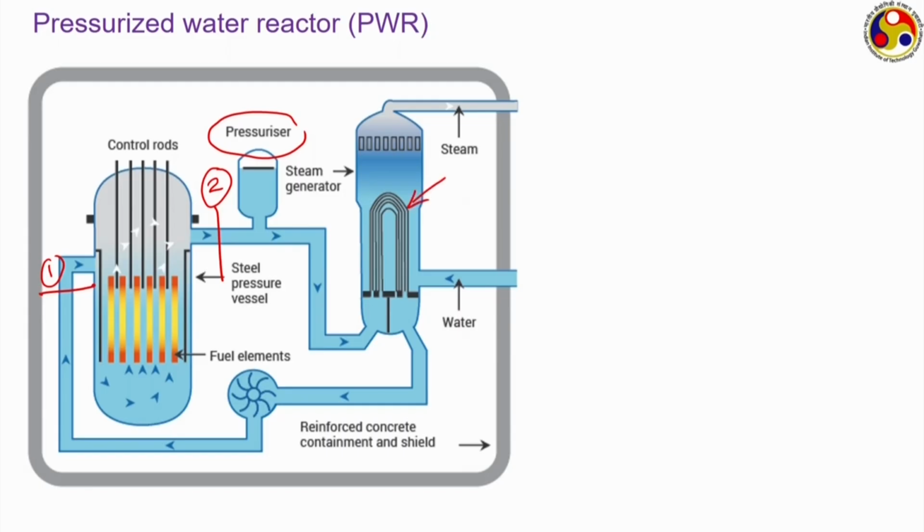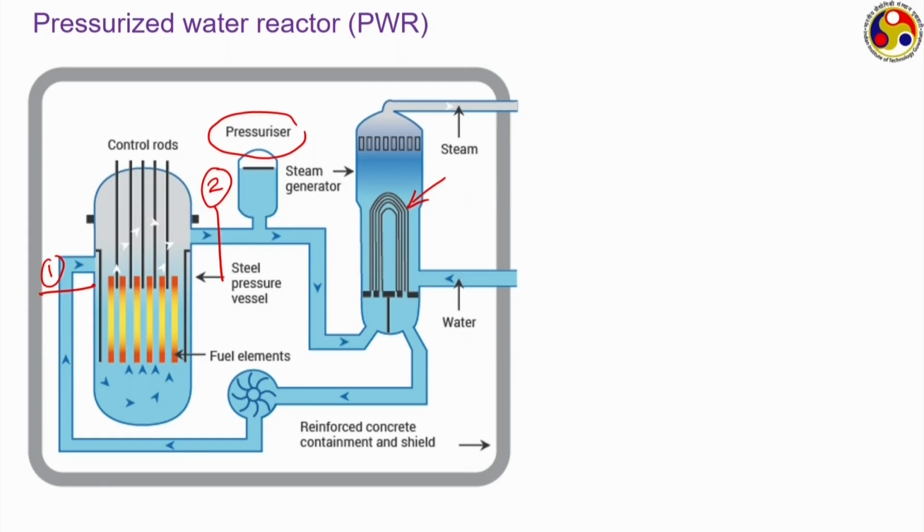Outside of that, again water is flowing, but that water is not allowed to mix with the water that is coming from the reactor itself. Rather, the water coming from the reactor is at a high energy level or high temperature, and therefore it is able to transfer the energy to the water which is outside, and then this water goes back to the reactor.